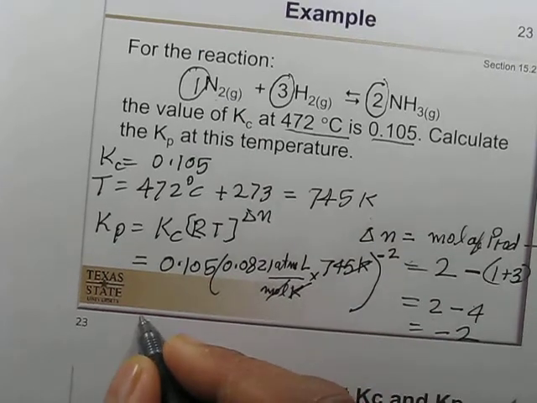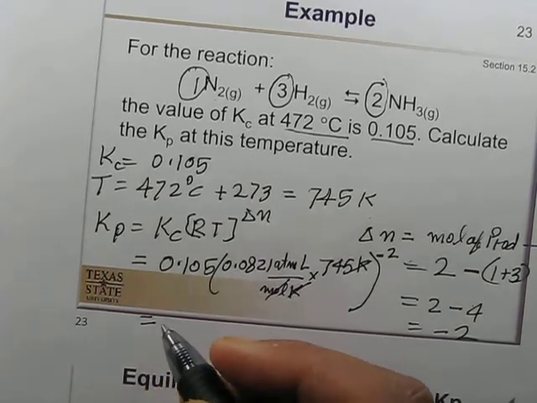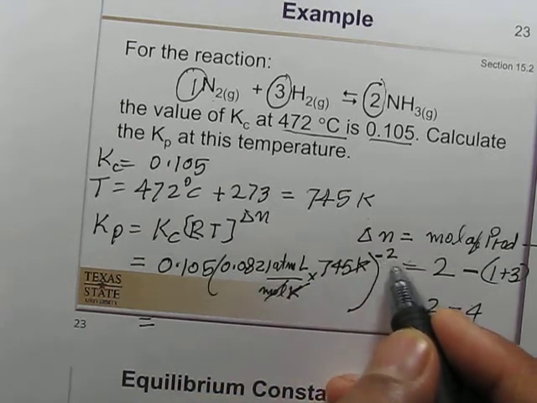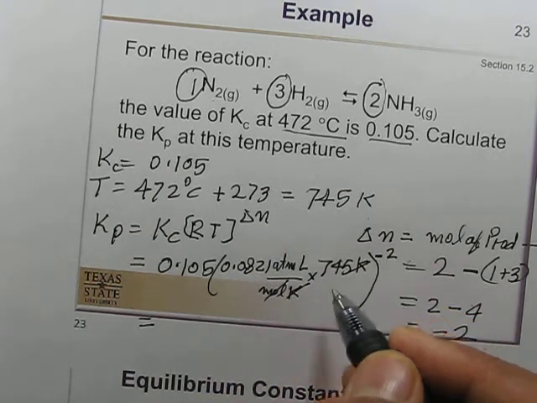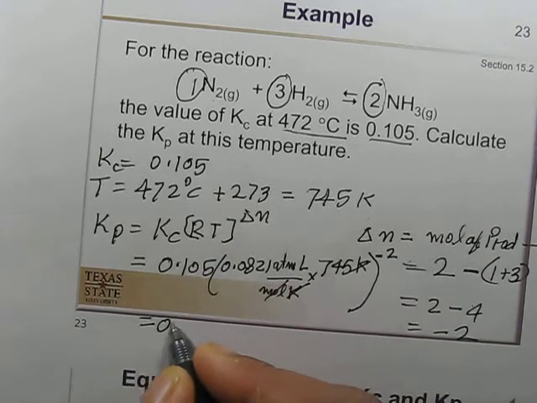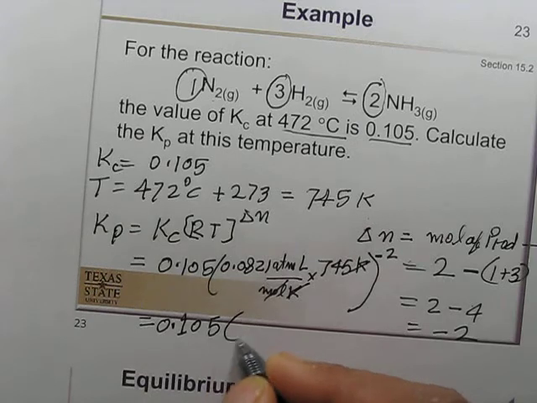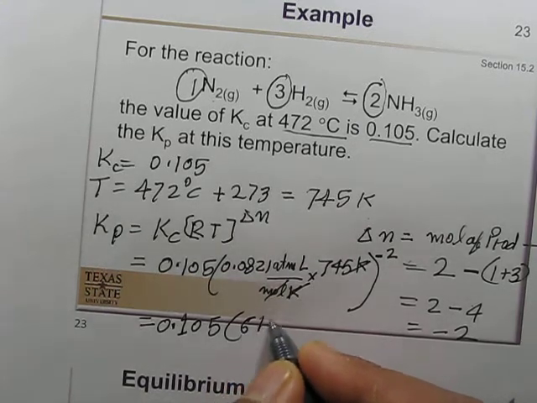Okay, so now we have to do the math. Once we multiply these two and take the minus 2 power, minus 2 power means one over the square, basically. So you have to do the math in the calculator, which I have already done, and it is 61.16.